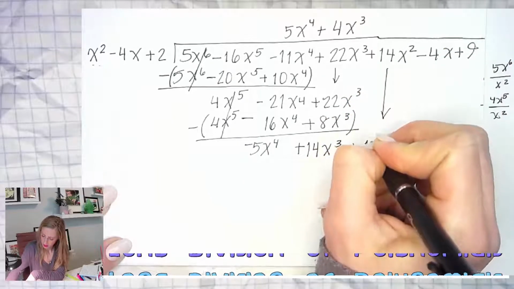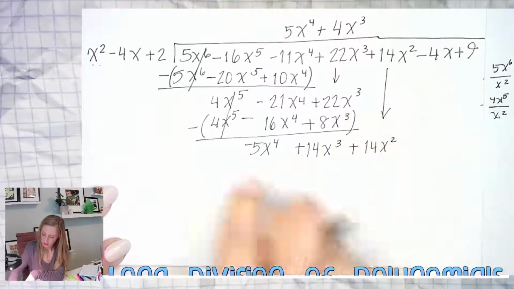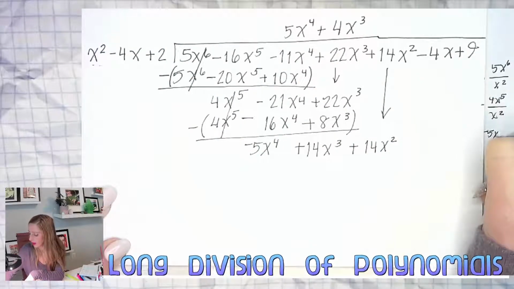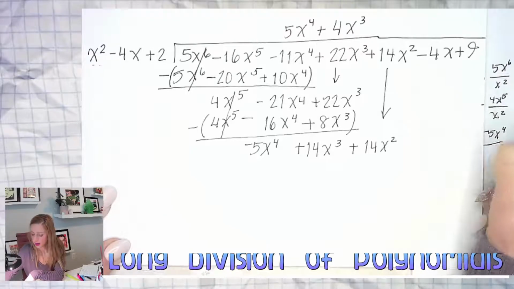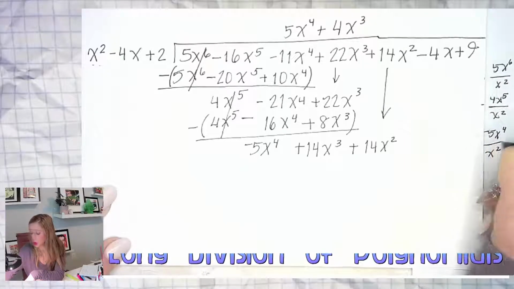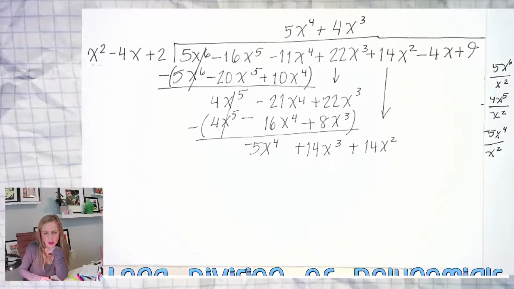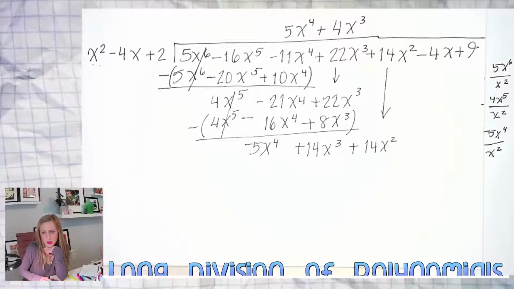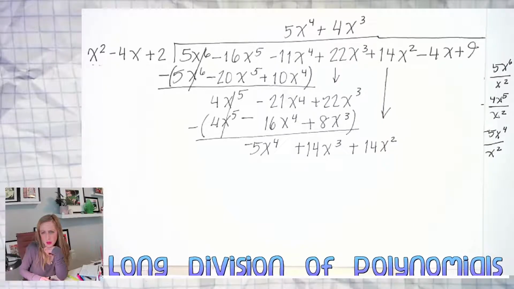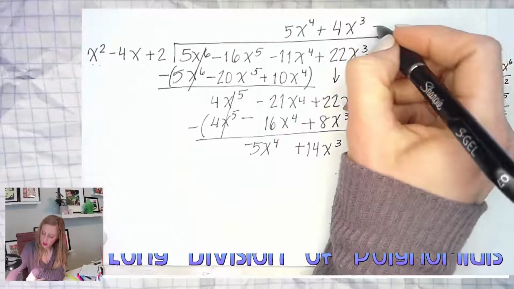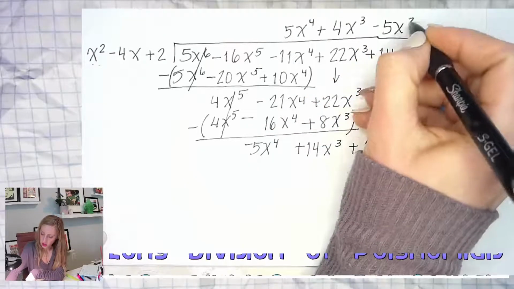And we repeat again. Line leader divided by line leader. Negative 5x to the 4th divided by x to the second. Make sure you include that negative sign. So it'd be negative 5x to the second. Once in a while, it doesn't hurt to look at your columns.